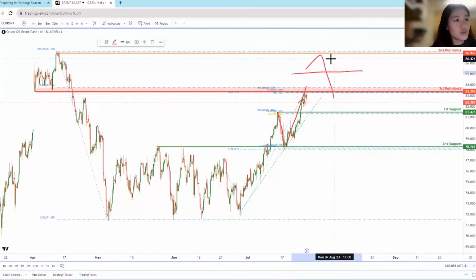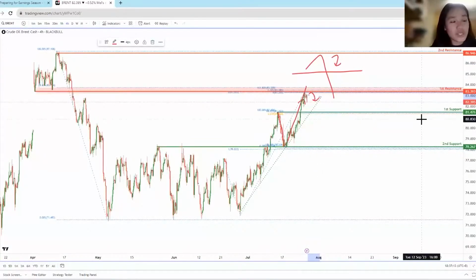Once it has retraced 100% of the head, then you can use this method, and it's to project where prices are going to bounce off of. So it bounced off of the 161.8 as we can see here. And earlier I used the 127 as well, but it was over here, so it didn't have any effect.